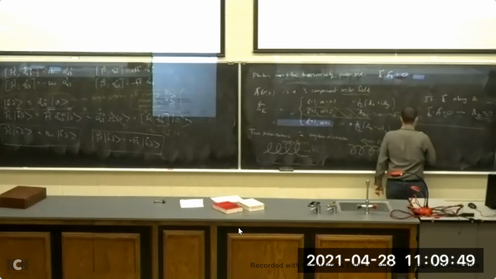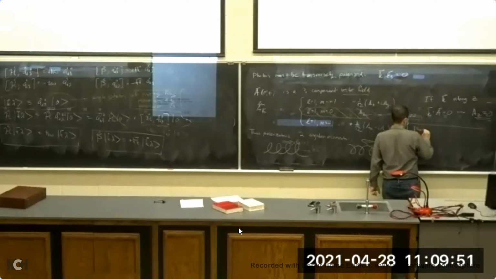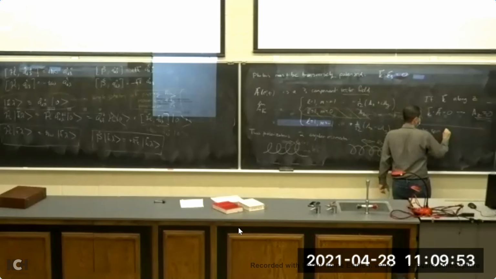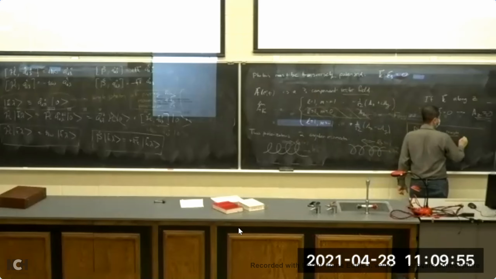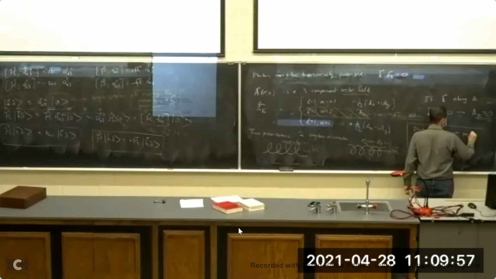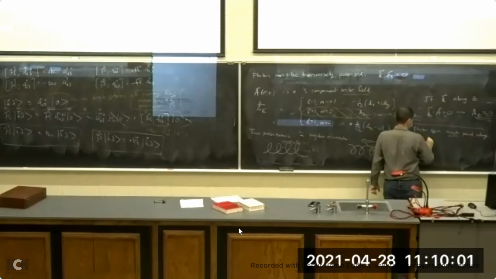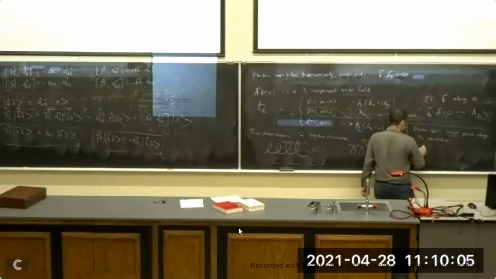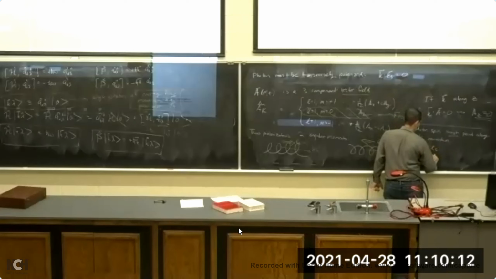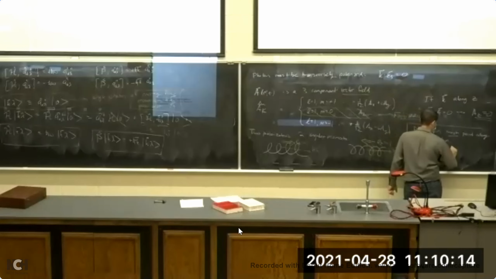So the statement is the photon spin must point along its momentum direction. So there's always plus 1 unit of angular momentum or minus 1.